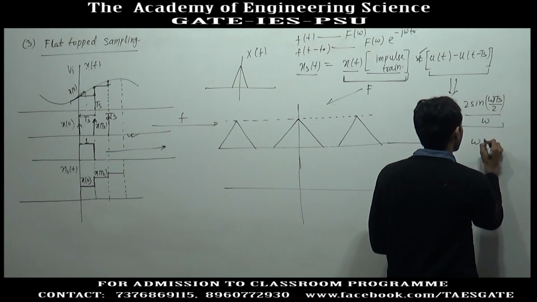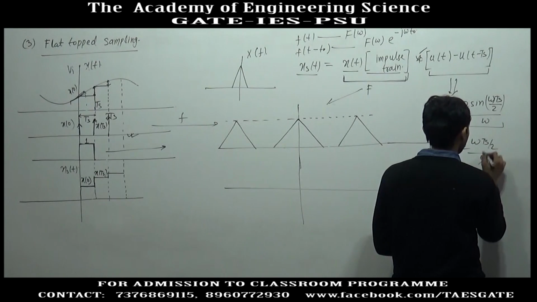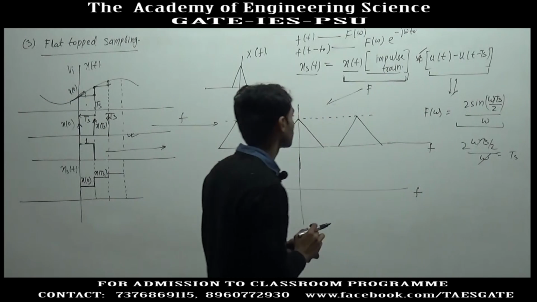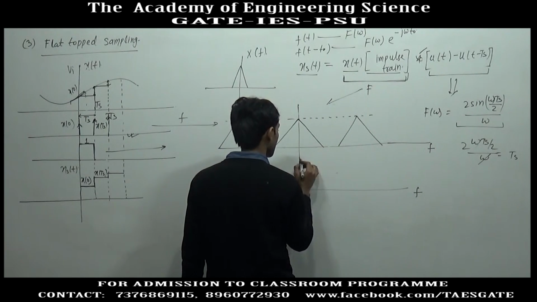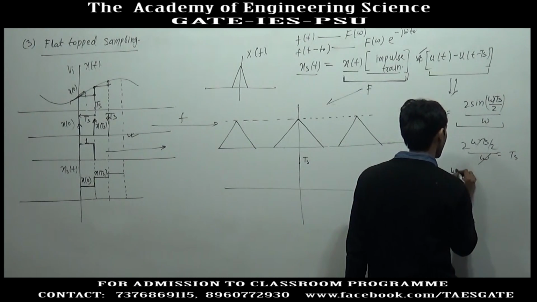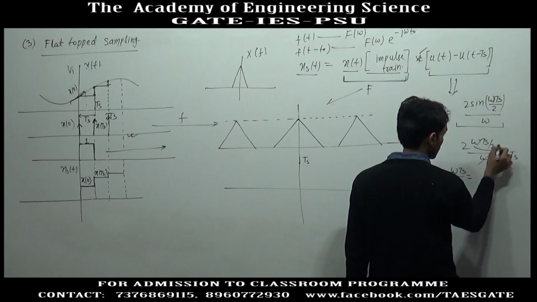So, this will be omega Ts by 2 divided by omega, here 2 is there. So, this will be Ts. The height we will get is Ts.